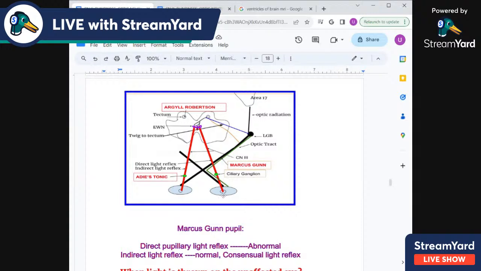But here, because of the neuritis, when the light is thrown, it causes slow sustained contraction followed by slow dilatation in the affected eye. And what about the other eye? In the other eye, the consensual light reflex is normal.